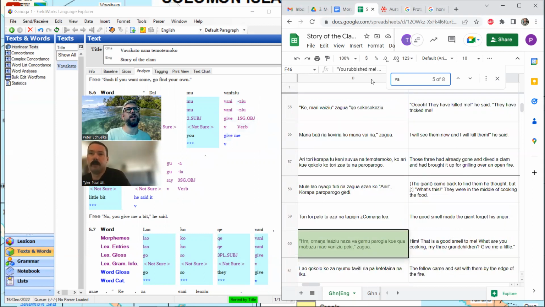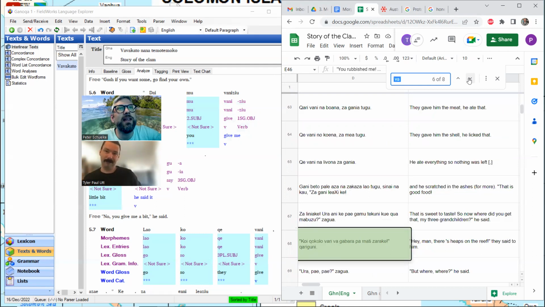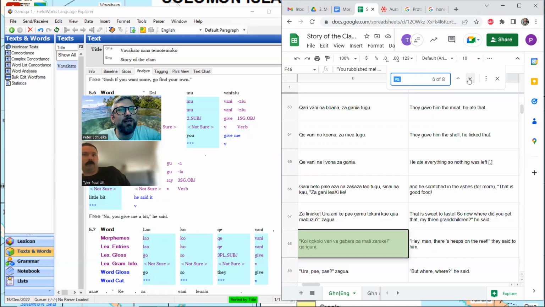I'm going to put a space. We get va. Vagamu. Vagamu parogia. Okay. So the va isn't what I'm thinking there. Or it probably is, but vagambara. They said, man, there's heaps on the reef.